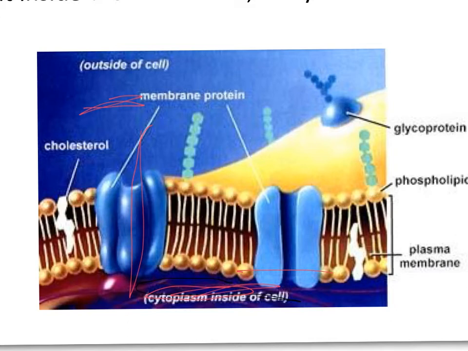So what happens is that there's a barrier between the outside and the inside, and then they've got these sorts of proteins that allow things inside and outside of the cell.